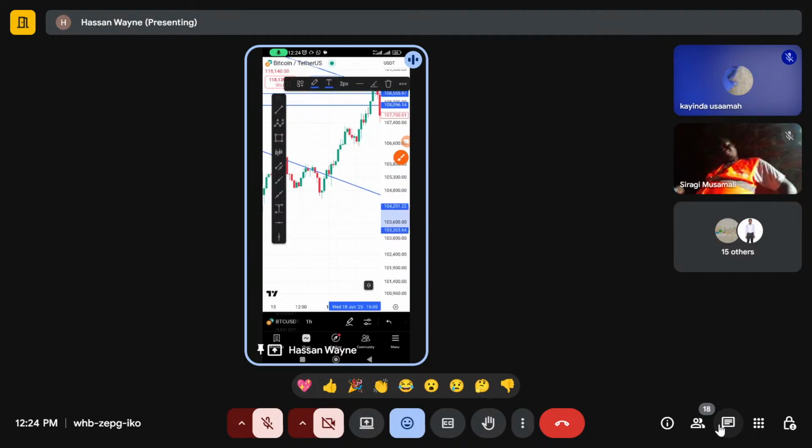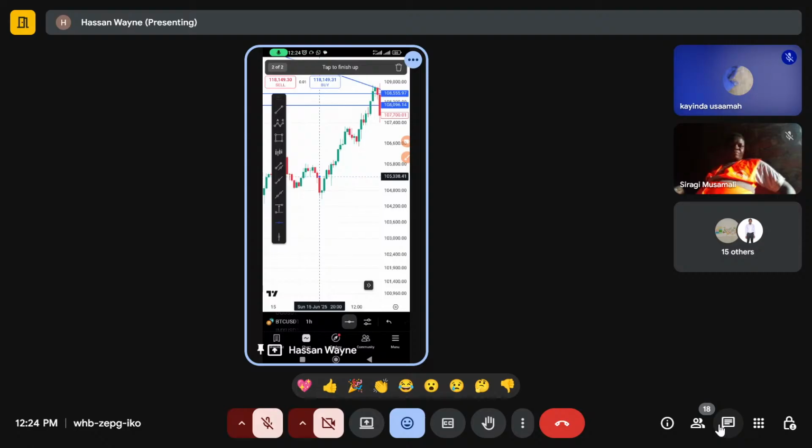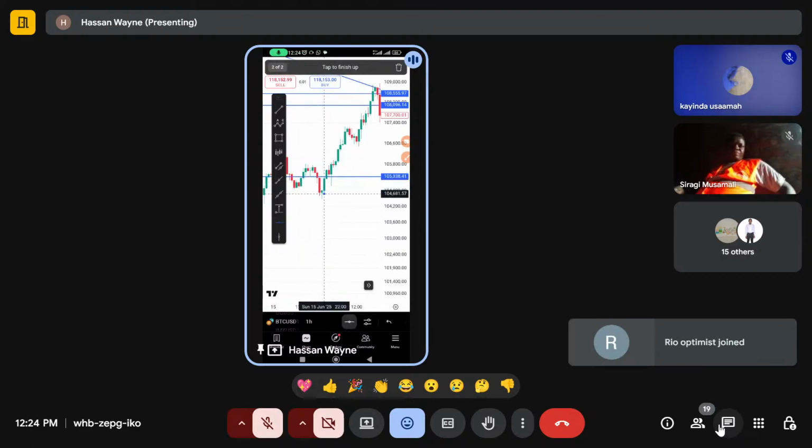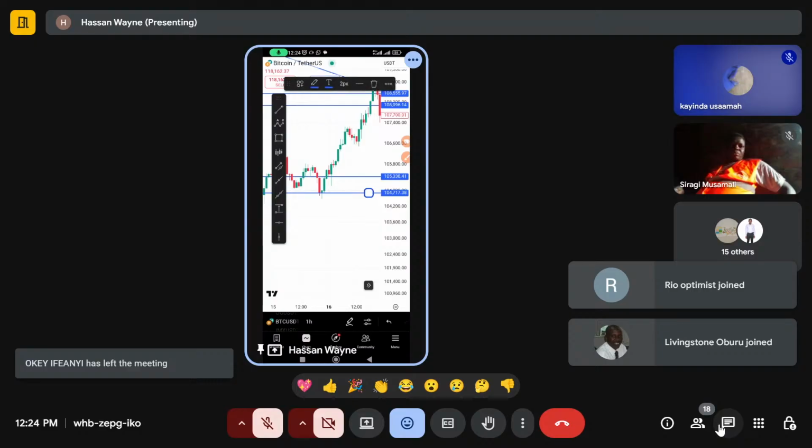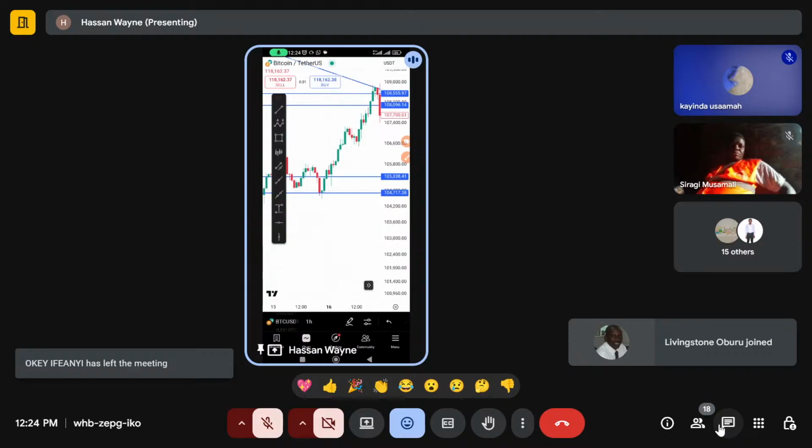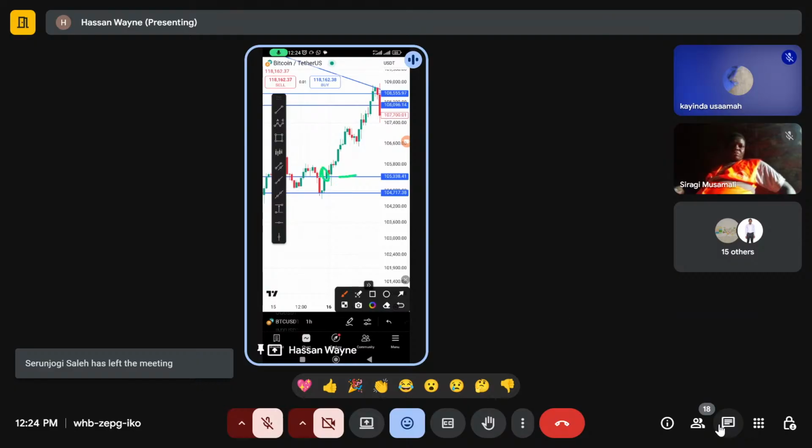So as we said, you just draw your support and resistance. I draw my resistance there and I draw my support here. So if I get a candle like this one and it breaks above my resistance like this candle did, it was a confirmation for me that the market is moving up.